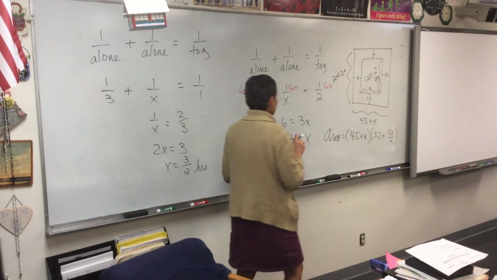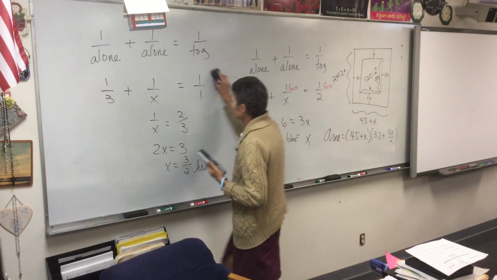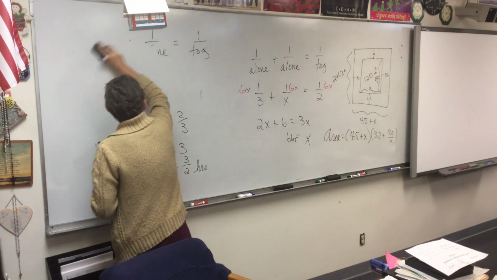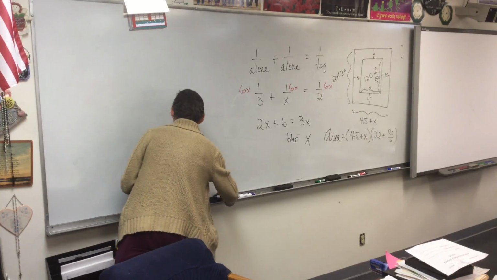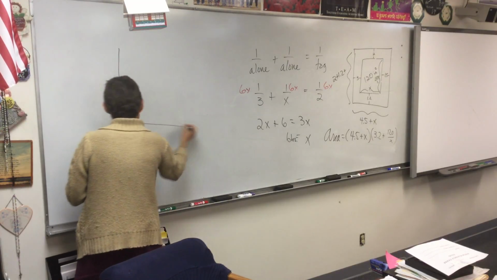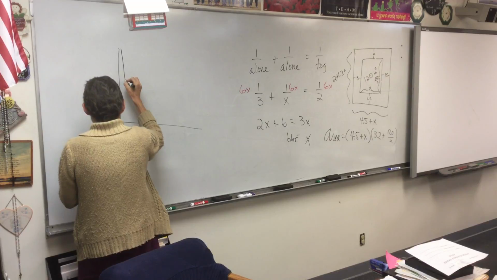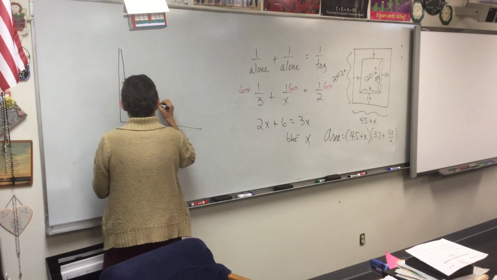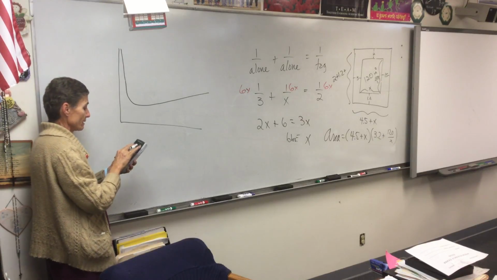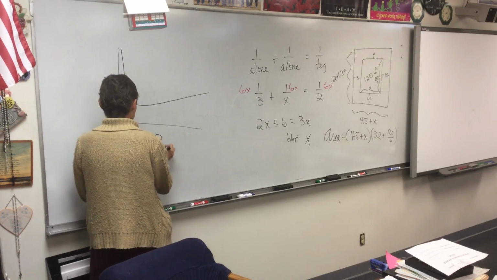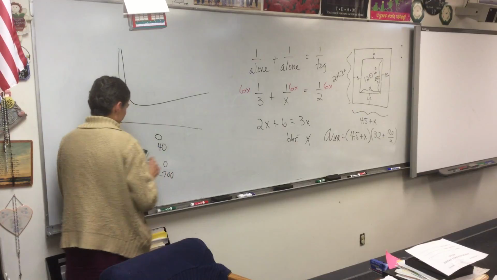Now you want to see a low point. So as soon as you've got some kind of shape that you can identify a low point, you're good to go. So I'm looking at something that looks like this a little bit. That's what mine looks like. And my window is 0, 40, and 0, 700.